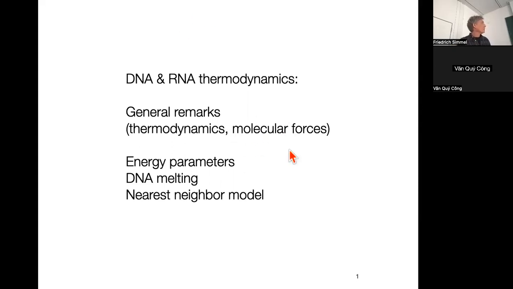So I'm going to talk a little about the relevant molecular forces, but they are not really important for us and for the rest of the lecture, just in case for people who really want to model, for example, DNA or RNA on an atomistic level, they need to incorporate these things. Another thing is thermodynamics. So we are going to talk a lot about delta G's, like free energies and related concepts.